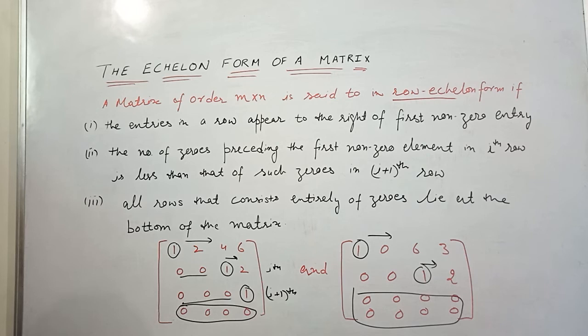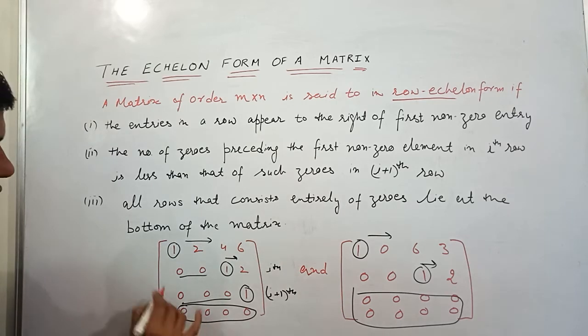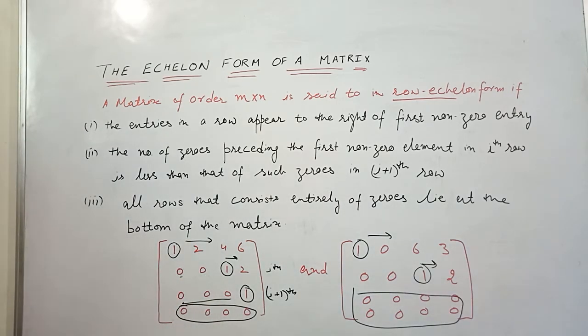Okay. So this is a row echelon matrix, and in the case of a square matrix, the row echelon form is an upper triangular matrix.